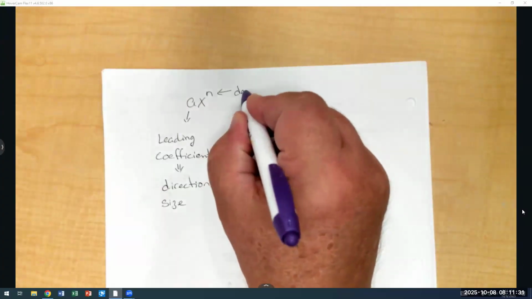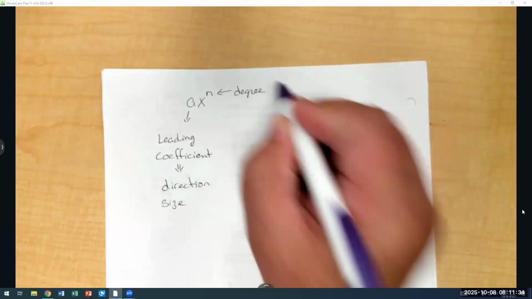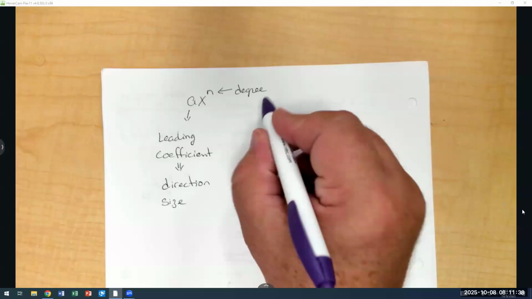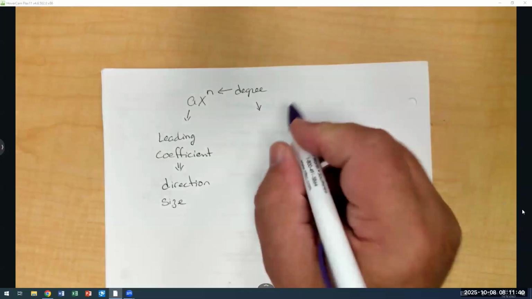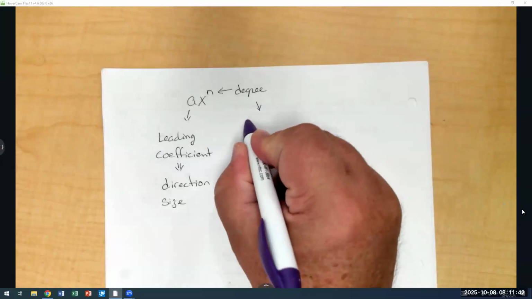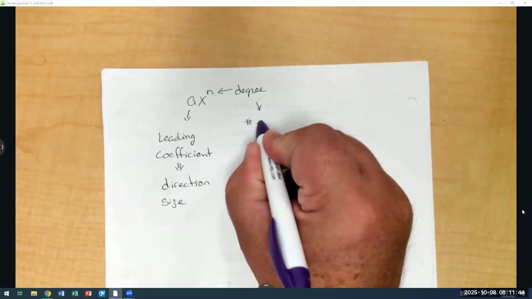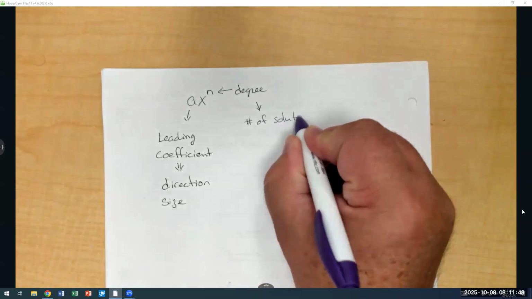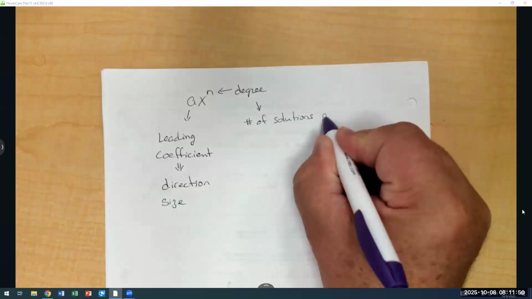The degree is the exponent. The degree tells us the number of solutions possible.